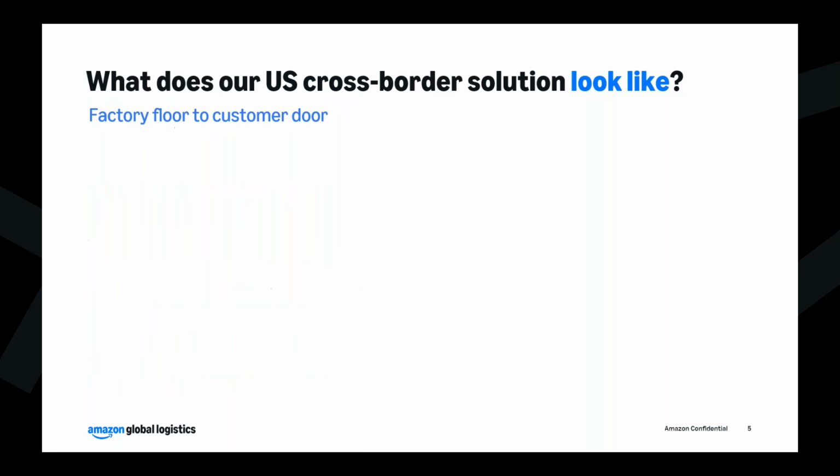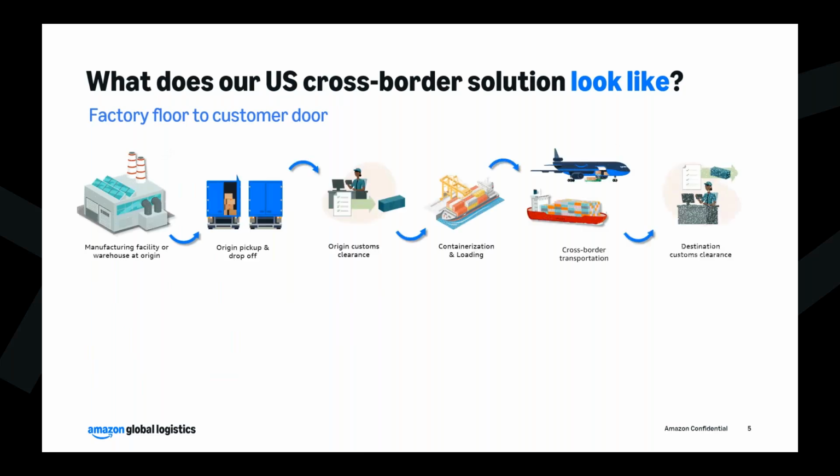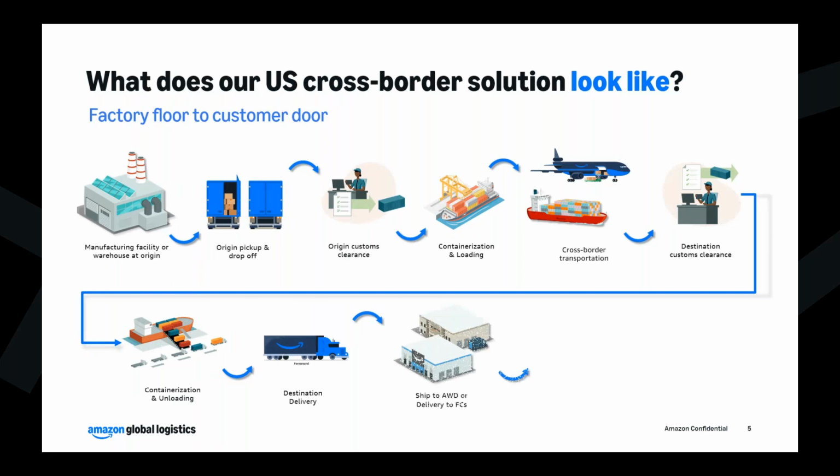So you might be wondering, what does our logistics solution look like? And actually, I really like this slide here. It's going to be showing you what Amazon Global Logistics is doing. You can see here we're picking up your cargo at the manufacturer. We're doing the origin pickup or drop off.